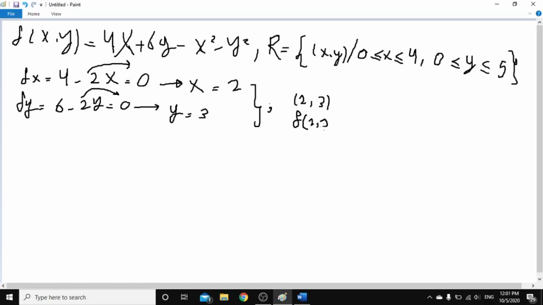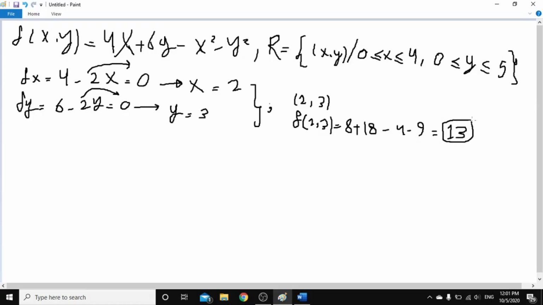We substitute it into the original equation. f(2, 3) is 4 times 2, which is 8, plus 6 times 3, which is 18, minus 2 squared, which is 4, minus 3 squared, which is 9. The answer is 13. So at this point, we have a value of 13.